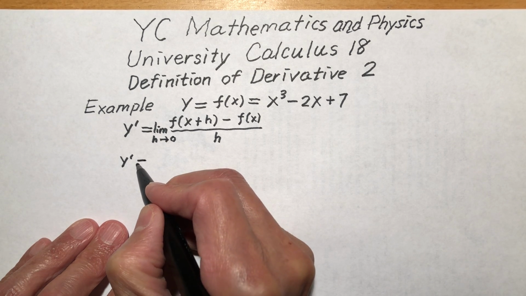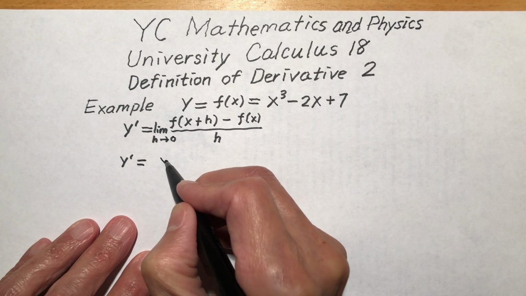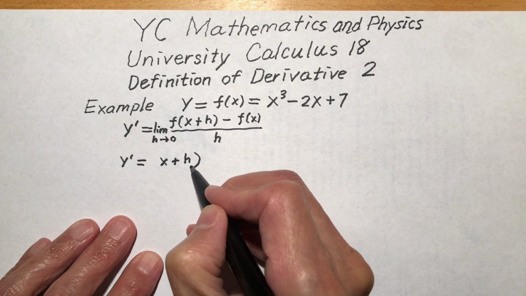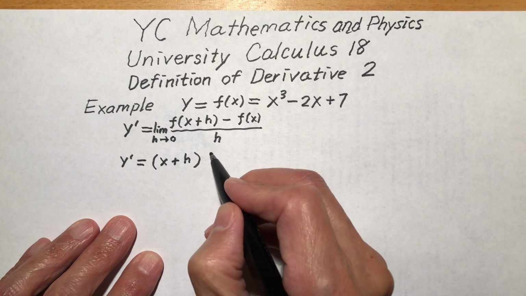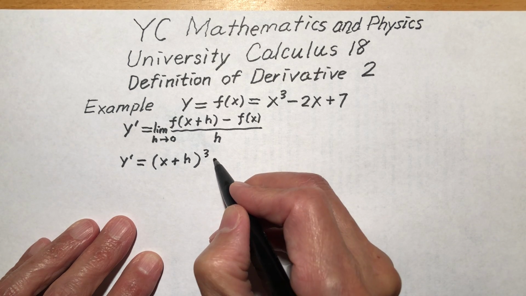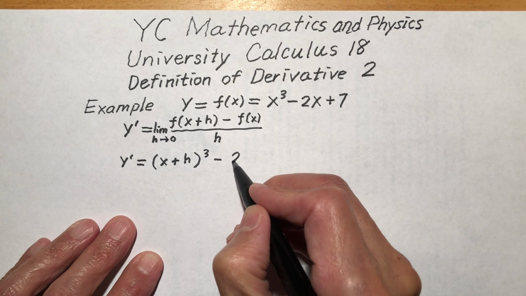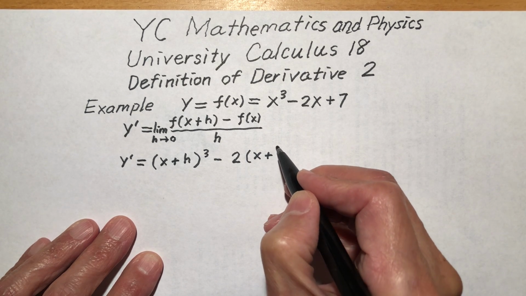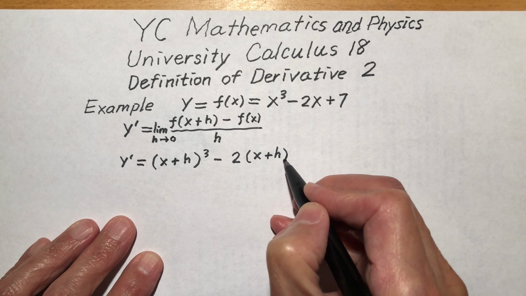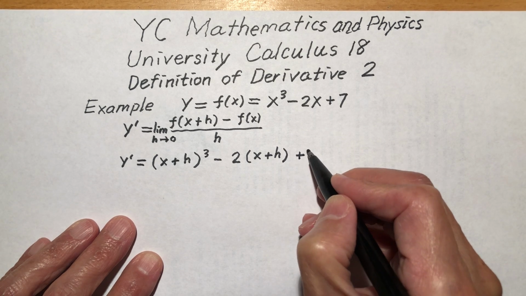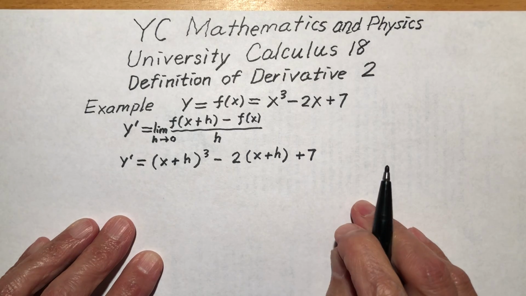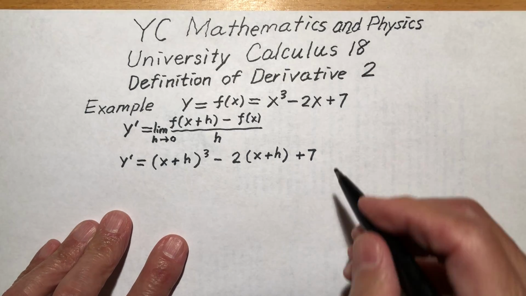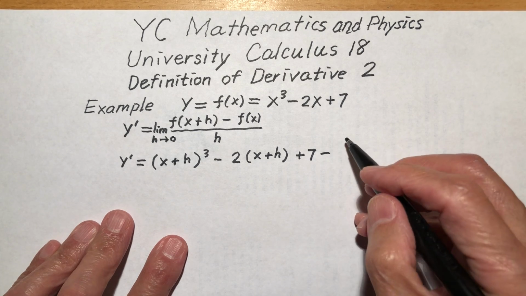y prime is x plus h cubed minus 2 times x plus h plus 7. And you subtract f of x.